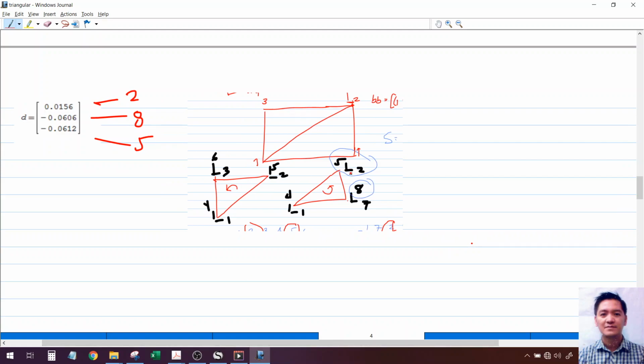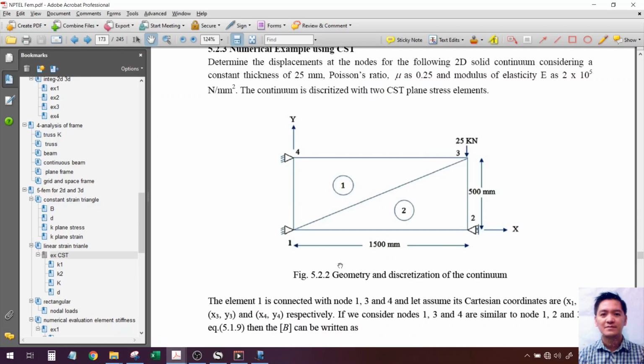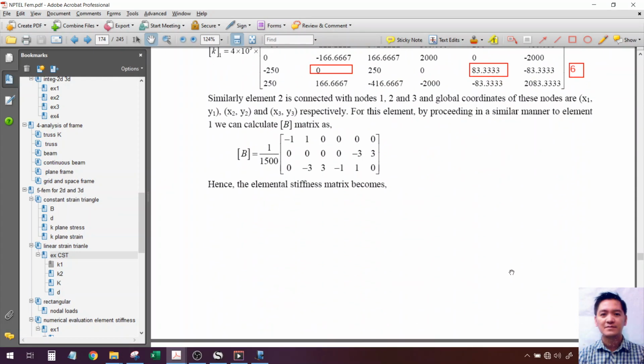So, 285. So, yung horizontal displacement dito is 0.0156. Vertical displacement dito is negative 0.0606. So, going downward kasi pababa yung force natin. And then, the vertical displacement dito is also downward, kaya negative. And what did we get sa ating problem?